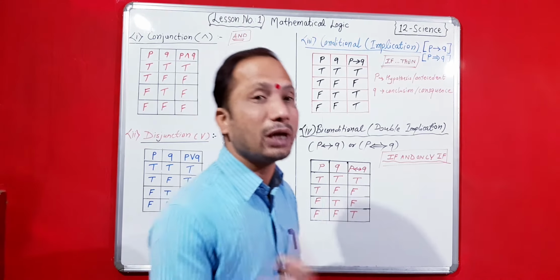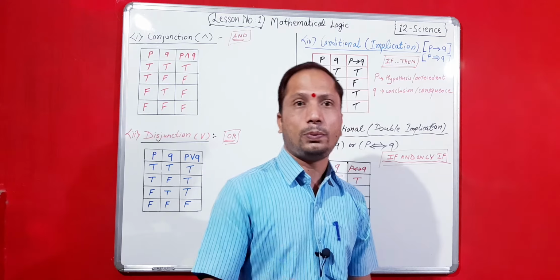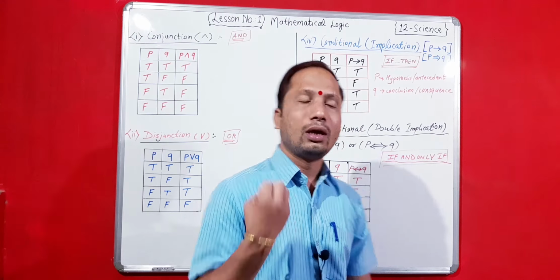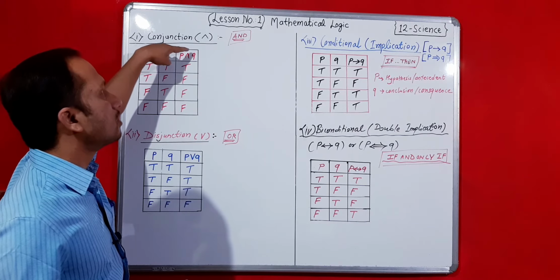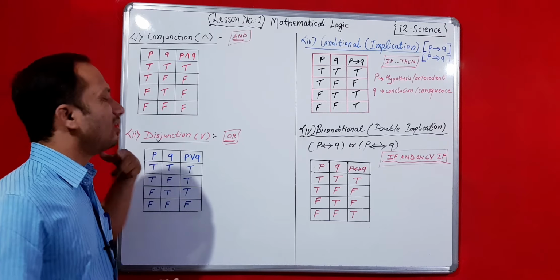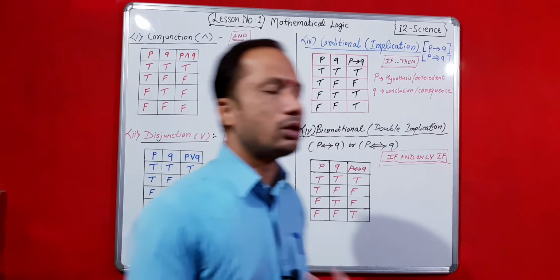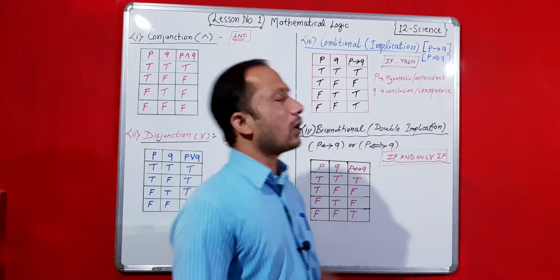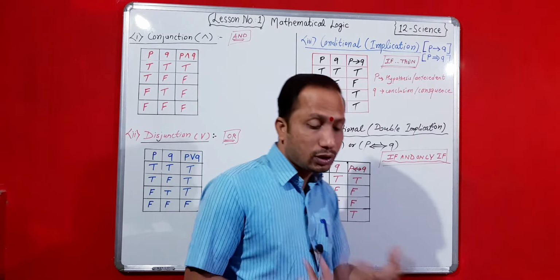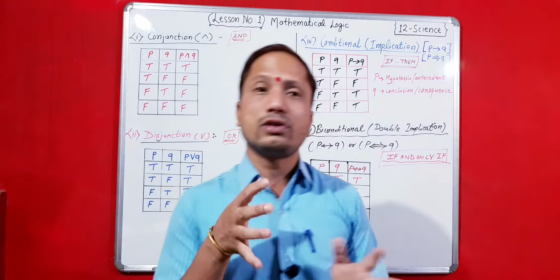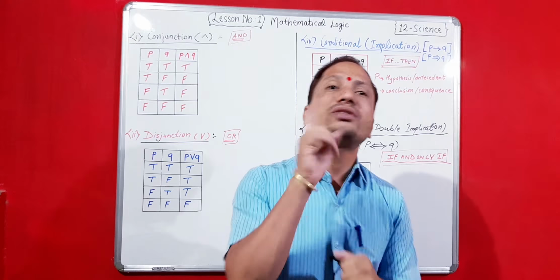In this case, P implies Q. I have not told you one thing: this is P conjunction Q, this is P disjunction Q, this is P implies Q. You have to read it like this. The first statement, the hypothesis or antecedent, decides the place of the second statement.